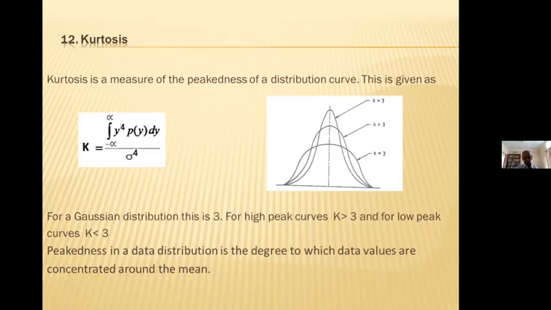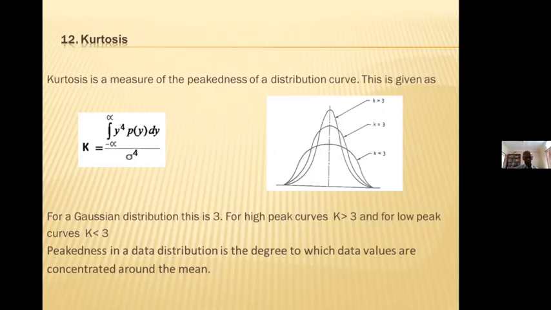But if the data values are concentrated somewhere else or less concentrated, then we call it low peak or high peak.